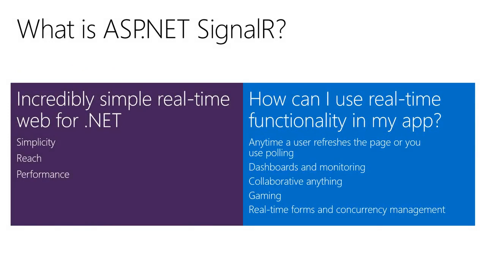ASP.NET SignalR. If I were to go back to the beginning slide where I showed what One ASP.NET is, SignalR was on that list. If you haven't ever used SignalR or you haven't seen a demo of it, go check it out, because it is an amazing piece of technology that ASP.NET has built. What SignalR allows you to do is to basically communicate between the browser and the server pretty much in real time.